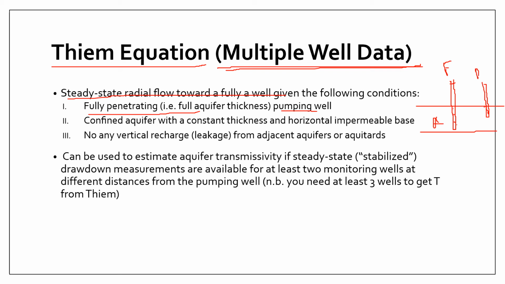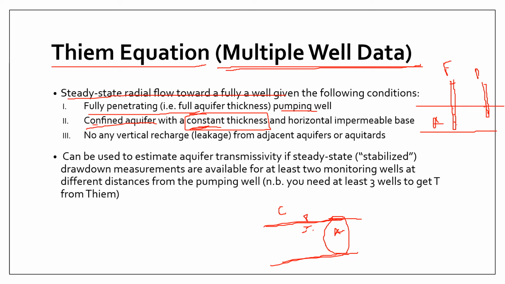Another condition for a quasi steady state is that you have to have a confined aquifer so that your thickness or your cross-sectional area is constant. As discussed previously, in confined aquifers you have a confining layer which basically limits the height of your water table, and you have a constant area, because confinement prevents your water table from fluctuating.